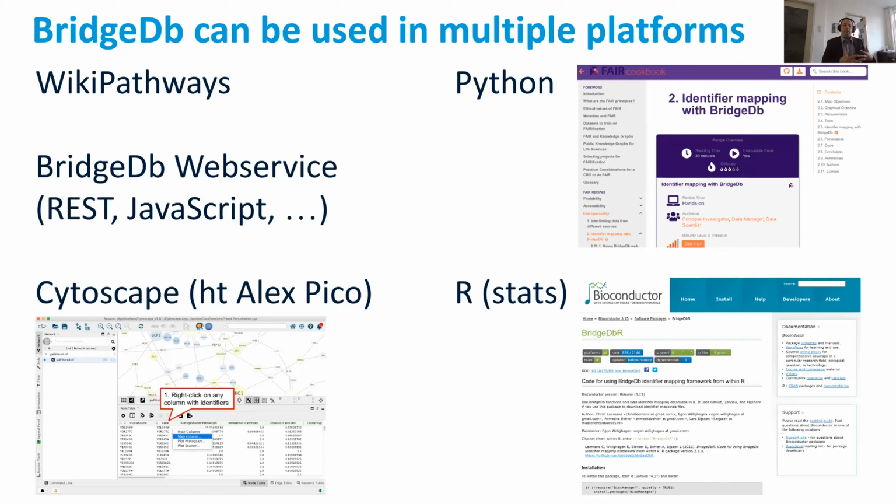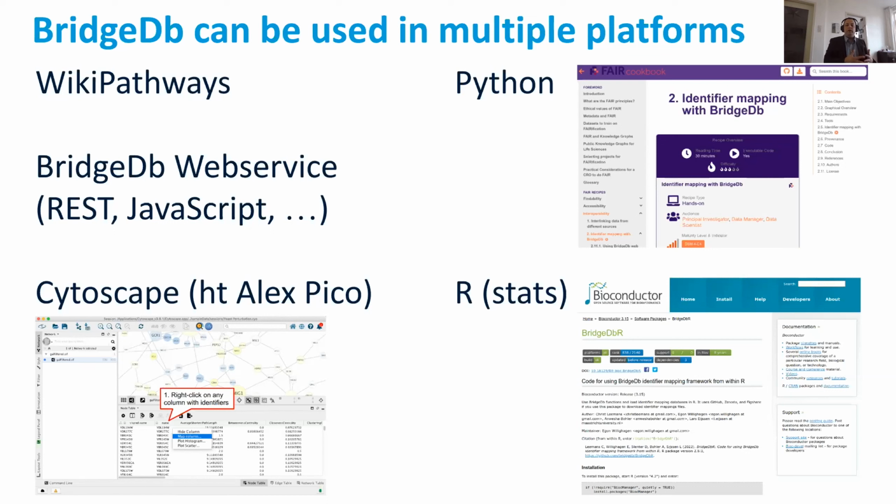Cytoscape actually has a functionality. Cytoscape is this desktop application for network science, and so you can use that for network biology as well. BridgeDB can be used there to do the identifier mapping and grow the networks and increase the analysis in Cytoscape. At the same time, you can also use BridgeDB in various programming environments like Python.